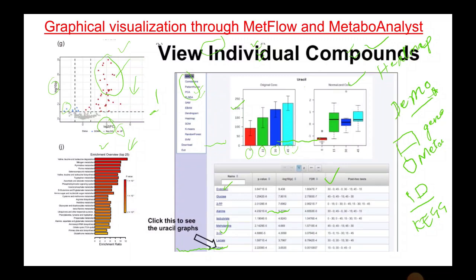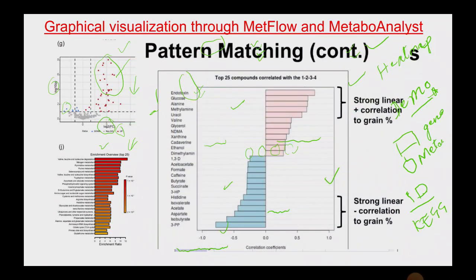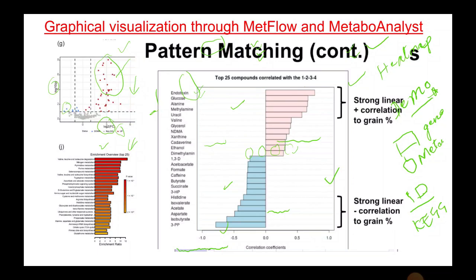Similarly, we can also have a comparison of pattern matching. As you can see, let me change the color. Now we have the correlation of the top 25 compounds. It shows the positive correlation: if endotoxin is high, it gives you high glucose.